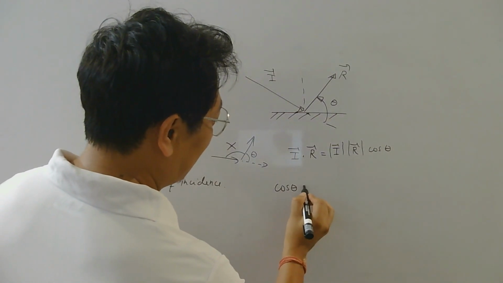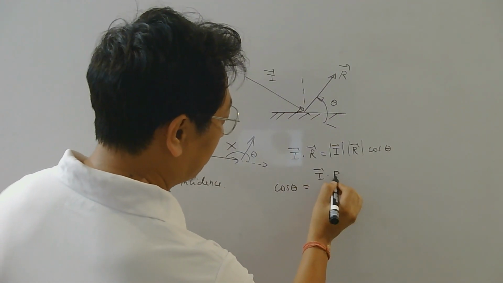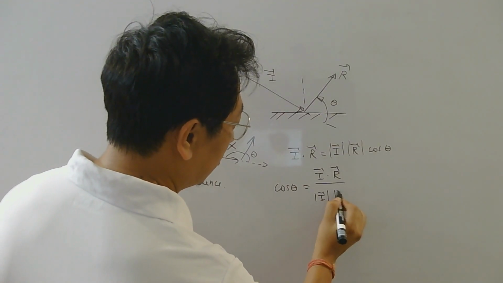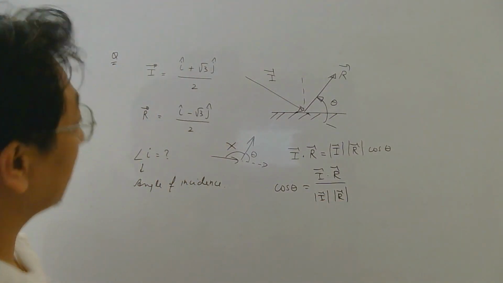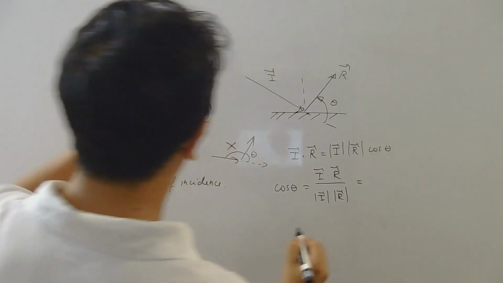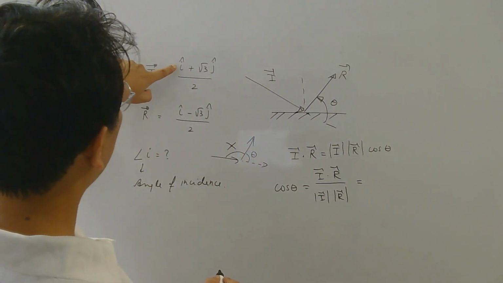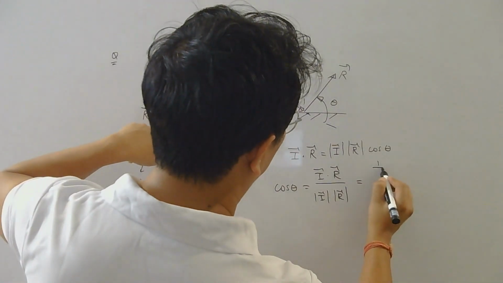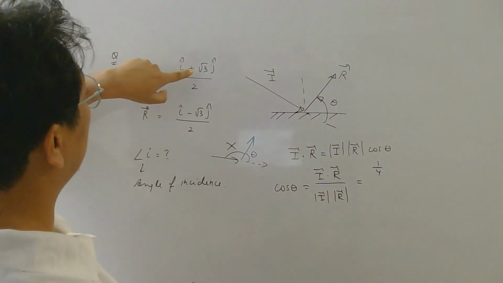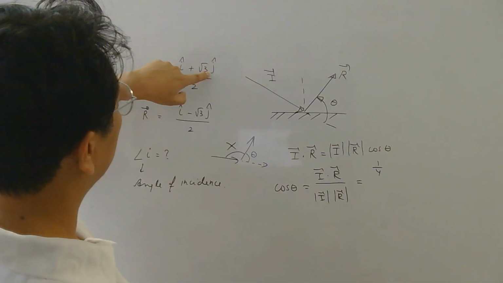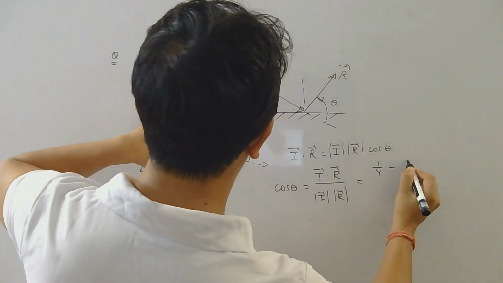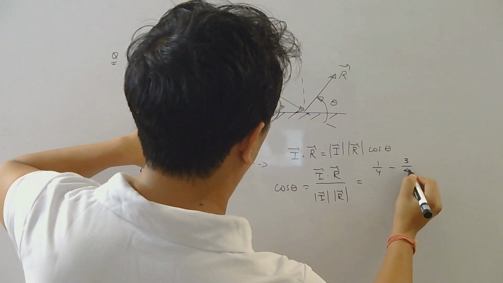So cos theta will be the dot product divided by the mod of the first vector and the mod of the second vector, isn't it? Now if you take the dot product of these two, you will get I cap by 2 dot I cap by 2 will give you 1 by 4. Then root 3 j cap by 2 times minus root 3 j cap by 2 will give you minus 3 by 4, right?